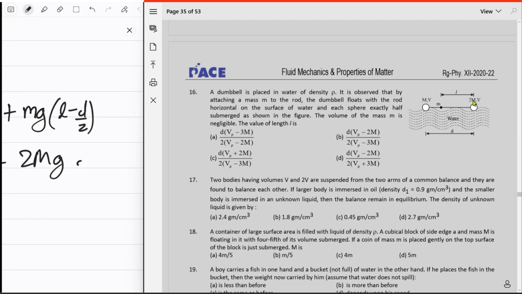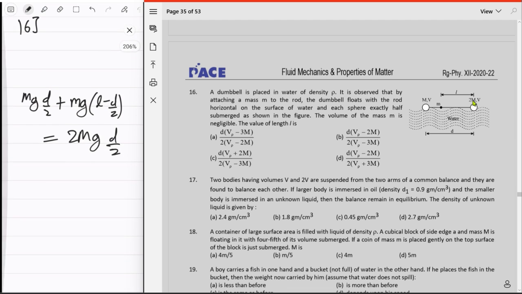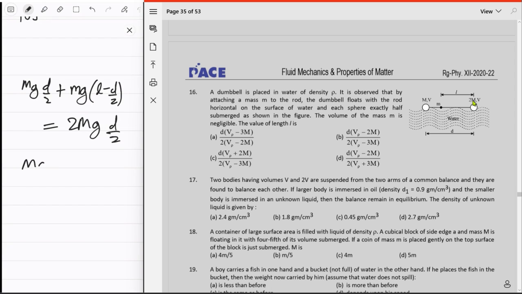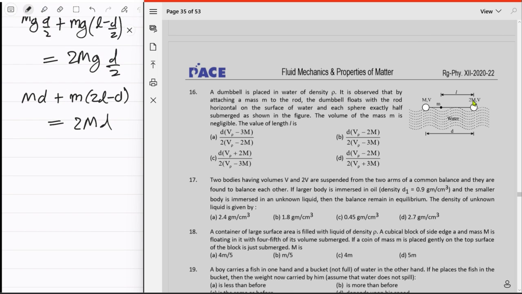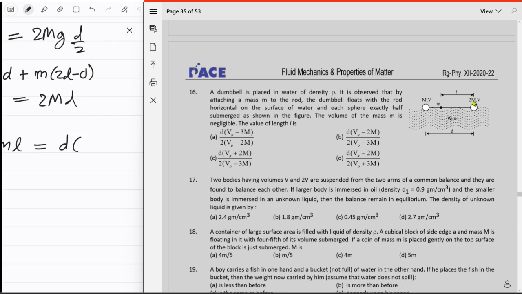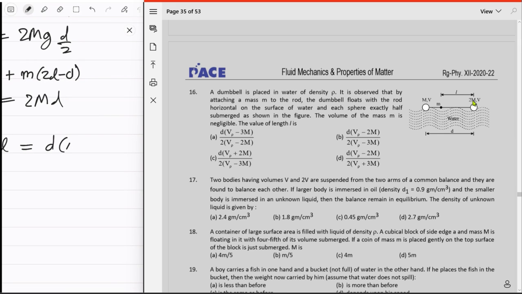This means capital M times d plus small m times 2L minus d is equal to 2 capital M times d, right? And what we want is L. So this means 2 small m L is equal to d times capital M plus small m.